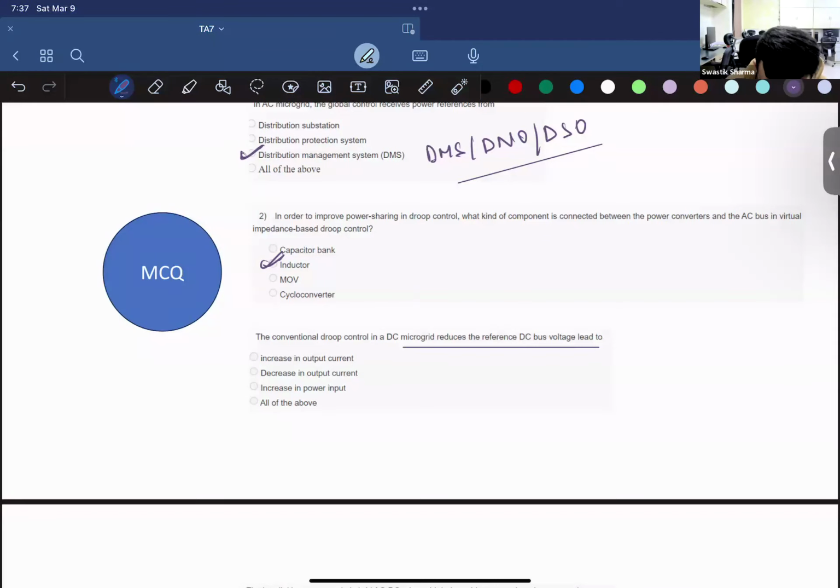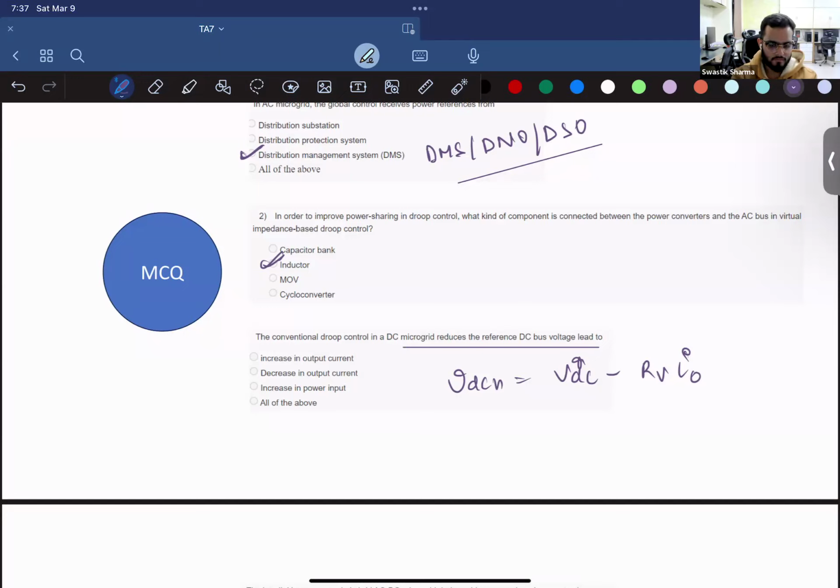So how do we write the equation? We write it something like this, minus RV I naught. So can anyone answer this question for me now? So if the VDC is reduced, how is it reduced?